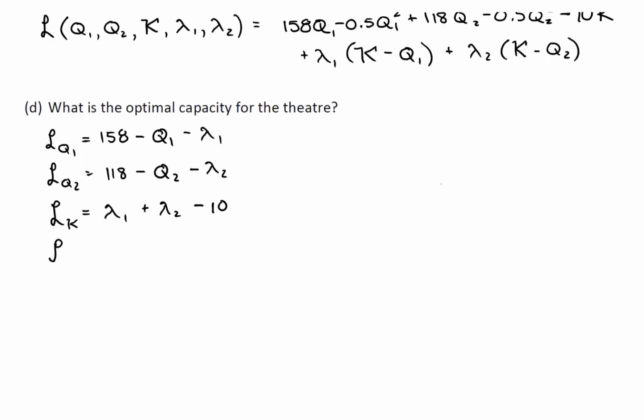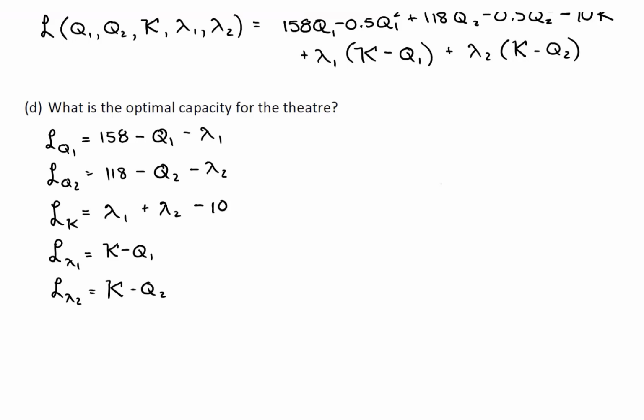Now the derivative with respect to lambda 1, I have kappa minus Q1. The derivative with respect to lambda 2 is going to be kappa minus Q2. So from here, our optimization process is the same as what we've done before.